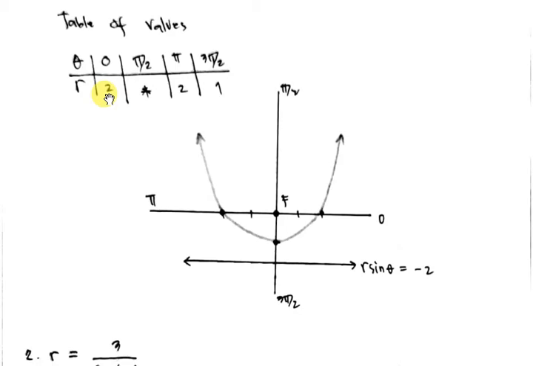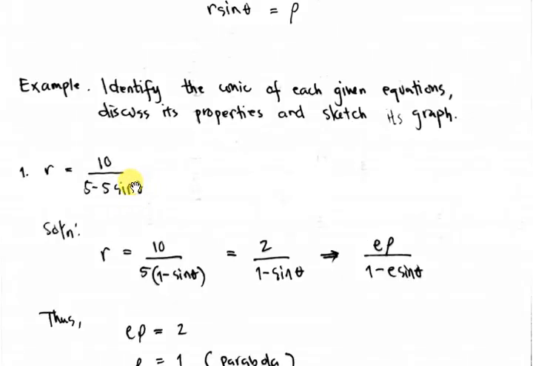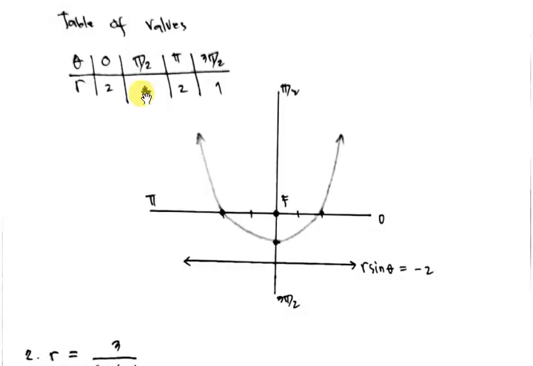When this is 0, this whole thing is 0, because sine of 0 is 0. So we get 10 over 5, that is 2. Substitute all these theta values in our conic equation, then we get the value of r. And plotting those points, we have this graph. So accordingly, when e equals 1, the graph is a parabola.